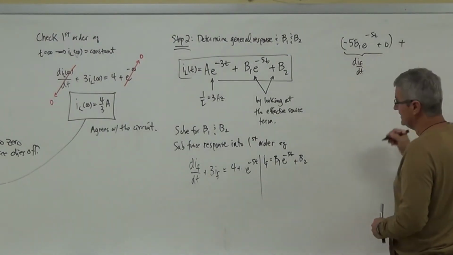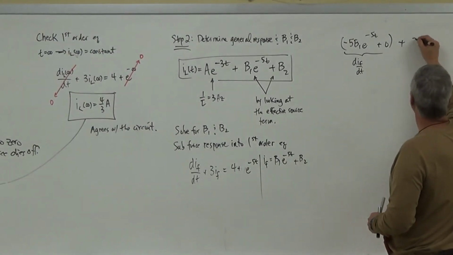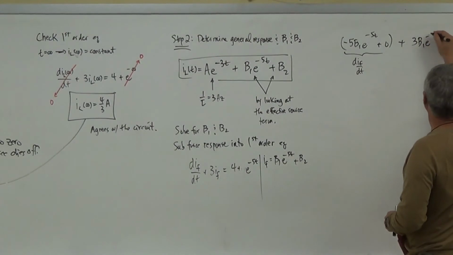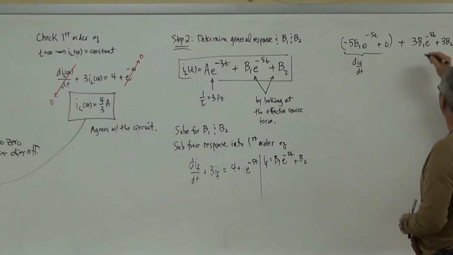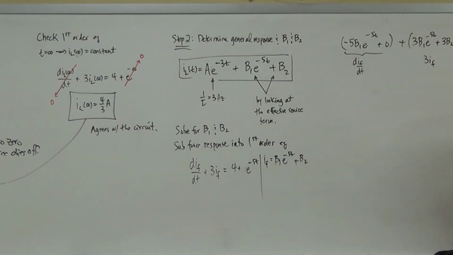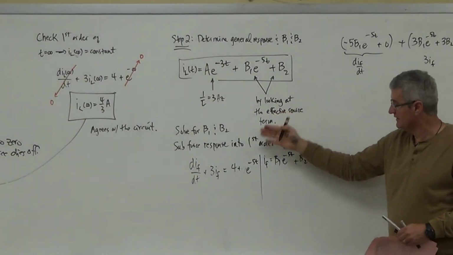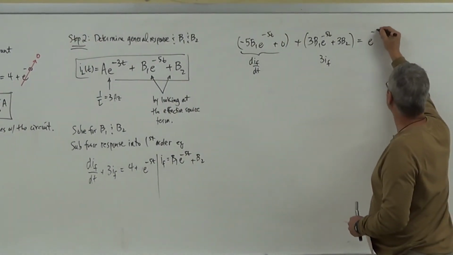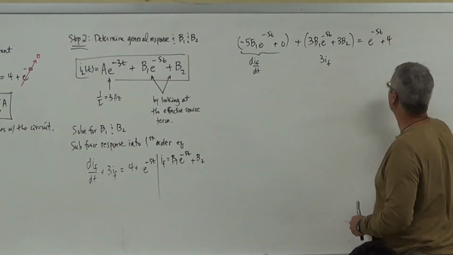Then I get my second term, which will be 3, and I multiply by these, so I get 3 b1 e^(-5t) + 3 b2. So this is the term right here. And finally, this has to equal the right side of the equation, which is e^(-5t) + 4.